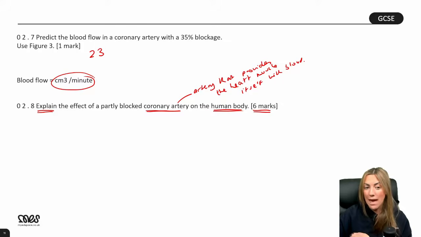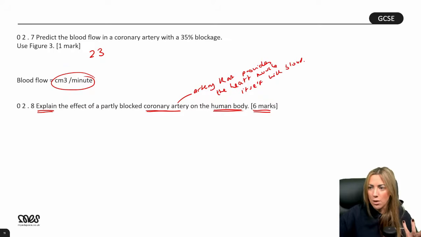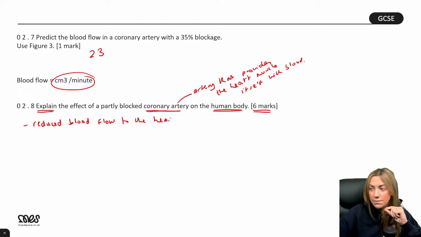So if we remember that, we can start right at the beginning of the story and think how, if that is partly blocked, that will affect the heart and then the rest of the human body. But we're going to start with how it's going to affect the heart because that's where this artery is. So if we partially or partly block the coronary artery, we're going to see reduced blood flow to the heart or the heart muscle itself.